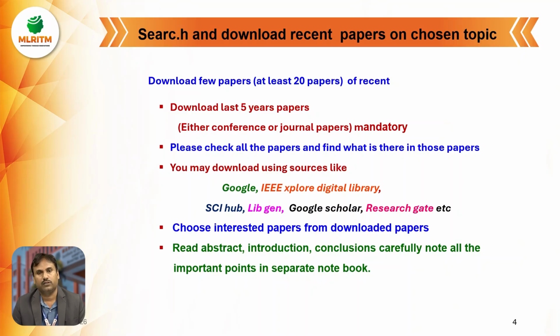So we need to thoroughly check what the network is, what the system is, the configurations, the parameters, the results, the outcomes, and the model they have considered. These things will be thoroughly prepared.